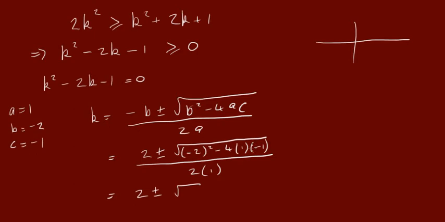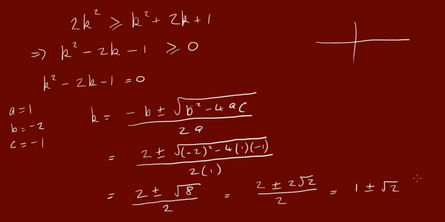Minus minus is plus, so I get the square root of 8. 2 2s are 4, 4 times 1 is 4, and that's a plus, so 8. I'll end up with 2 on the bottom. Root 8 is just 2 root 2 over 2. Divide that into both sides, and I just get 1 plus or minus the square root of 2.